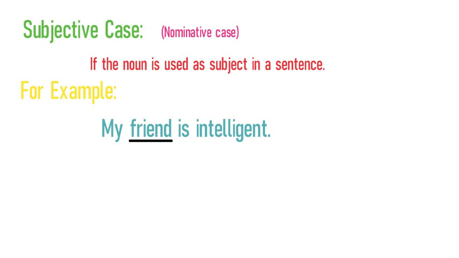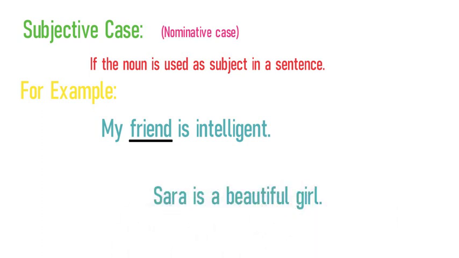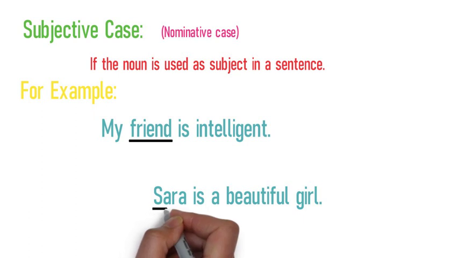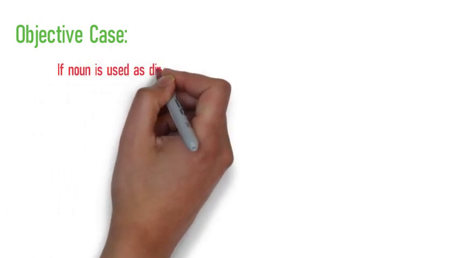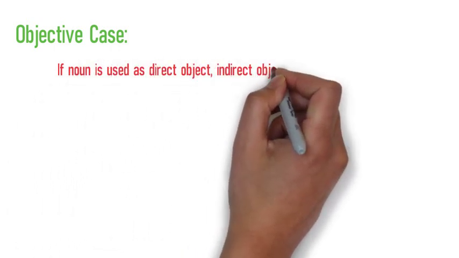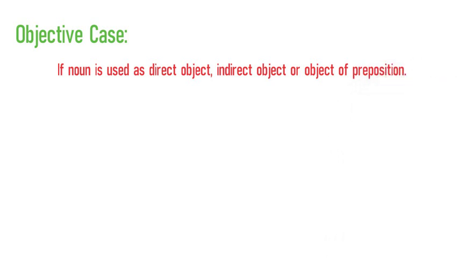Let's look at another example. Sarah is a beautiful girl. In this sentence, Sarah is a nominative case because the noun Sarah is used as subject in a sentence. Objective case. If the noun is used as direct object, indirect object, or object of preposition.